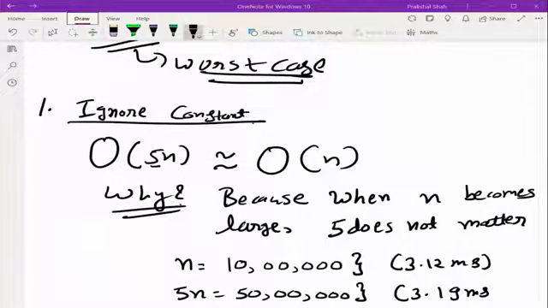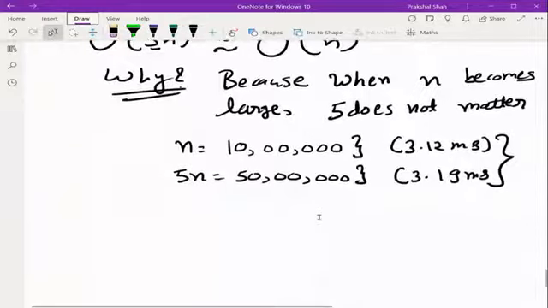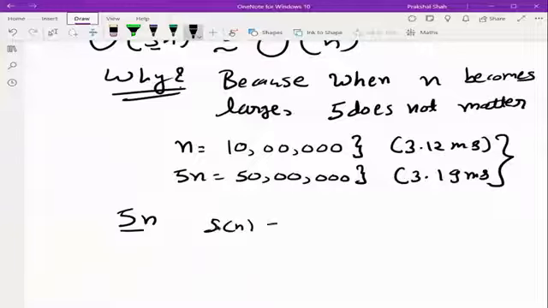These two times are comparatively the same. 3.12 is negligible in comparison to 3.92. So that is why, if we are taking this 5n, this 5 would be ignored. It will be my n only, order of n only.